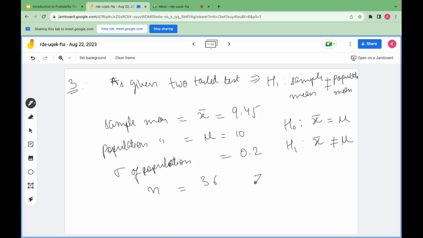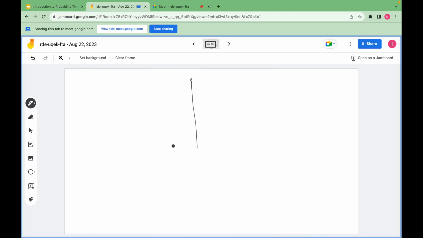Now we will calculate our z test statistic. Z naught, which will be x bar minus mu upon sigma by root n. So on putting these values, this comes out to be minus 16.5. Okay, now for a two-tailed test, our z distribution looks something like this.